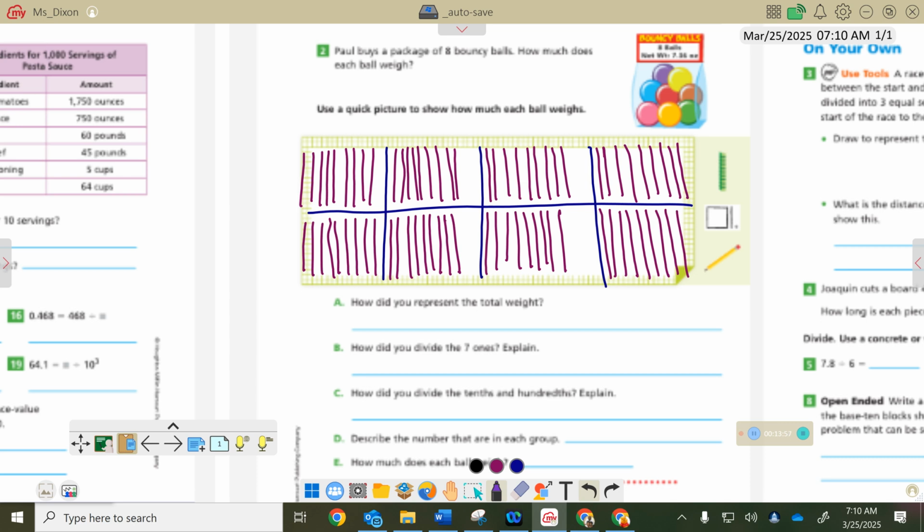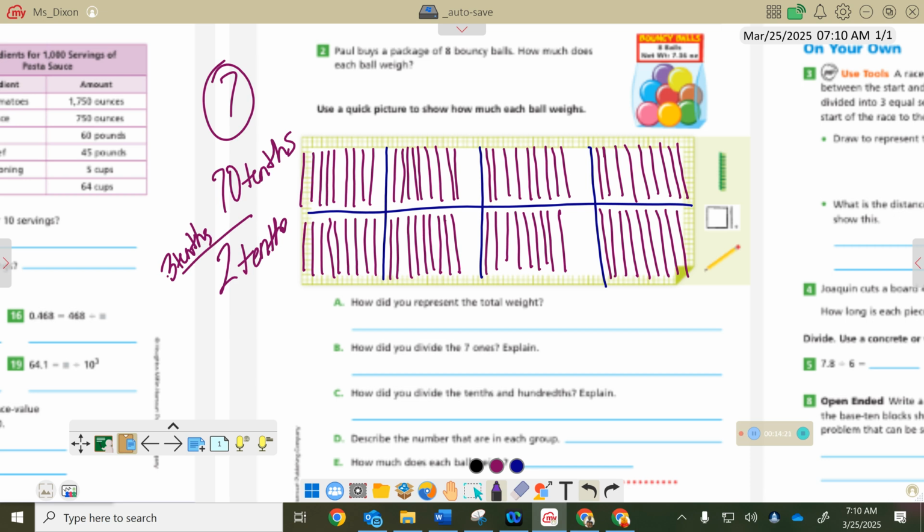What do I have left? I've used my 7 wholes, that was 70 tenths, and I've used 2 tenths of my 3 tenths.